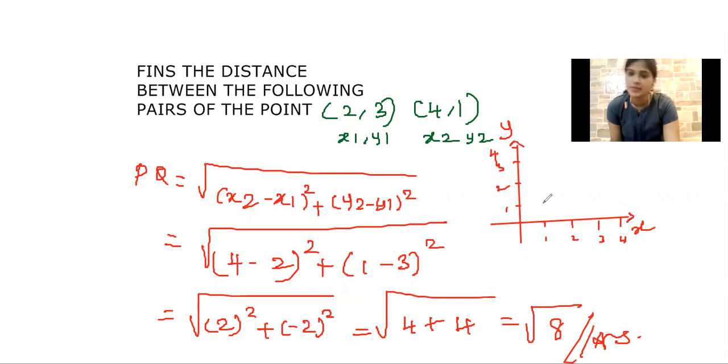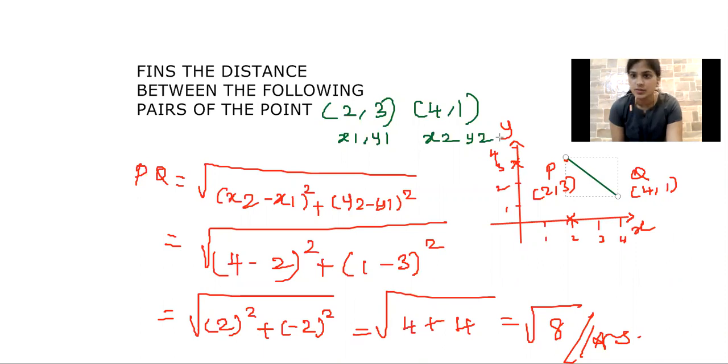So 2, 3 is this point, which I assume as P. The next point is 4, 1. So 4 from here and 1 from here, which is Q. So my aim is to find the distance between P and Q. So I found the answer as root 8.